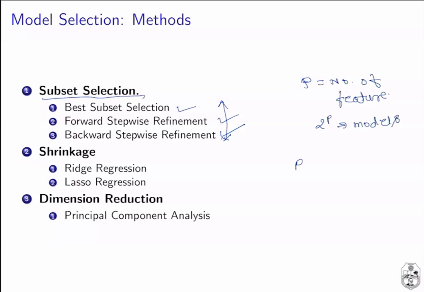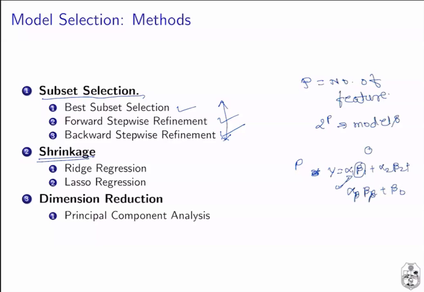Here we are not selecting features, but if the model is y equal to x1 beta 1 plus x2 beta 2 plus up to xp beta p plus beta 0, then the beta values for insignificant or irrelevant features are made 0 or near to 0 in shrinkage.